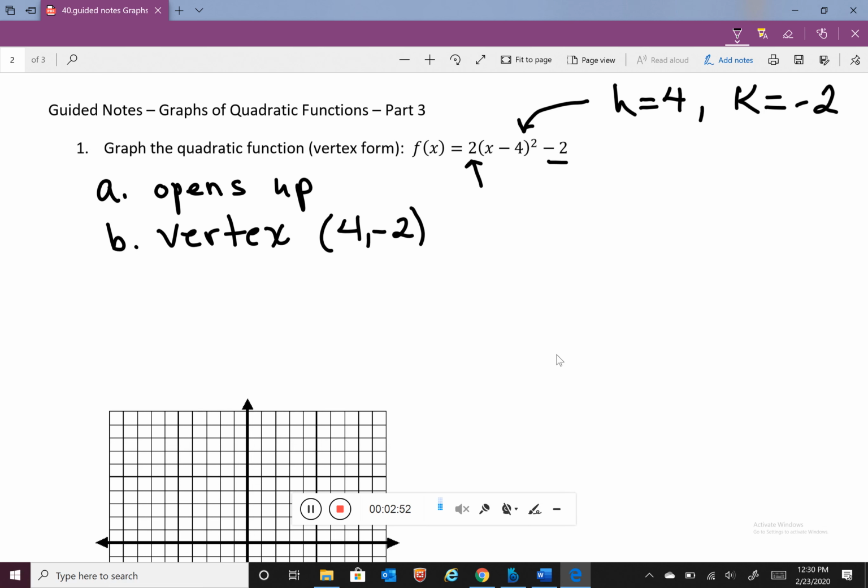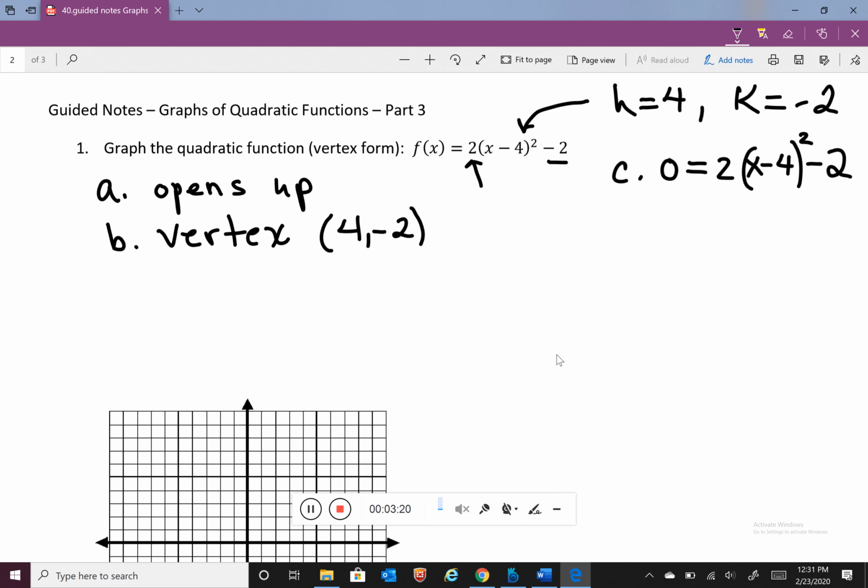Our x-intercepts are found by letting y, or in this case f of x, equal 0. So we're going to set this equal to 0. So we have 0 equals 2 times x minus 4 quantity squared minus 2. And this is such a nice opportunity for us to actually review a process, which is the square root property.